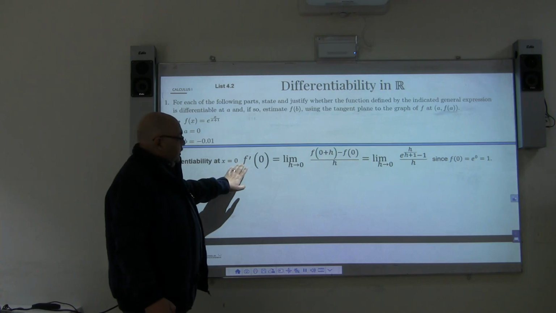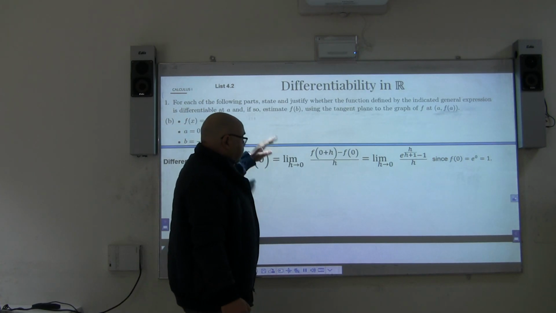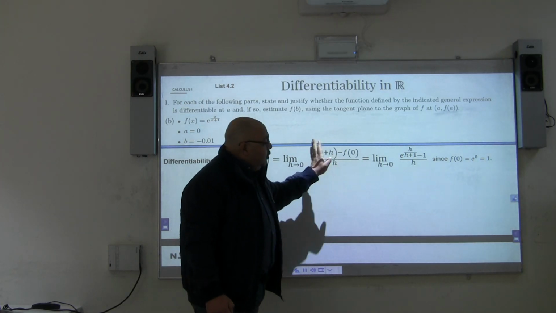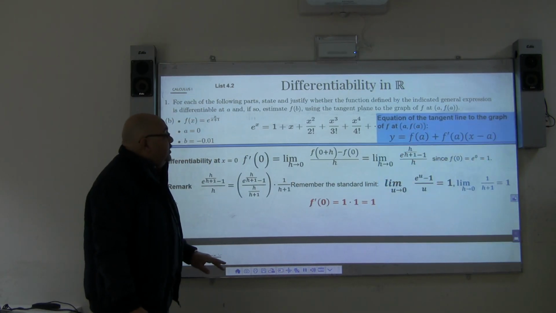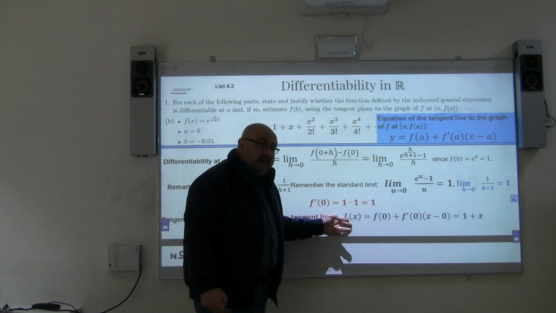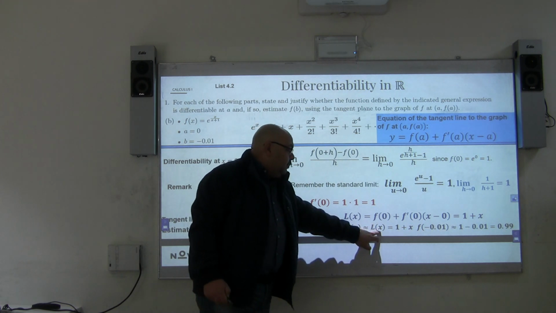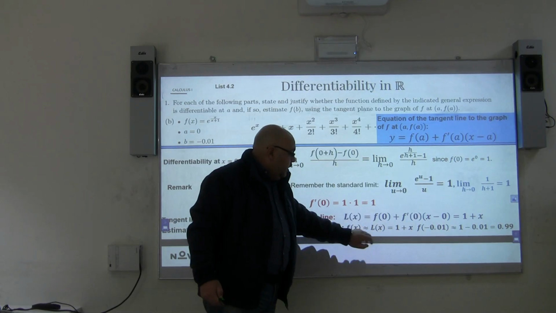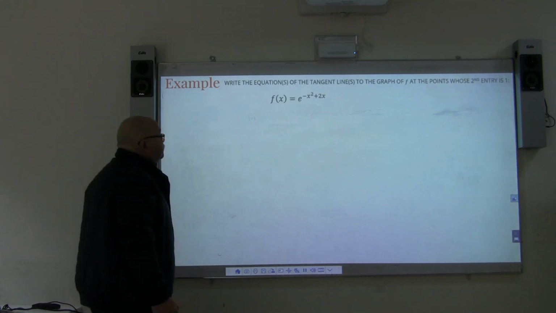I found the limit of f dash at a, which in my case is at 0. It's going to be the limit of f of 0 plus h minus f of 0, and so on. Continuing this problem, you use the equation of the line, then make the substitution exactly as we did, then give the approximate value at the number you are interested in, substituting x by 0.01, and you will find your value.